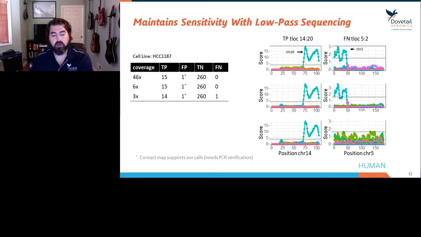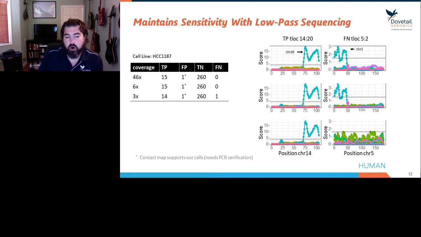So what we're showing here in the image on the right, in the left column, is the position on chromosome 14 on the x-axis, and again the contact score on the y-axis. And as you can see, as we move down between 46x, which is the top row, and 6x and 3x, which are the bottom two rows in coverage, that same pattern of increased contacts between chromosome 14 and chromosome 20 is easily observed and is very much above our signal to noise ratio there.